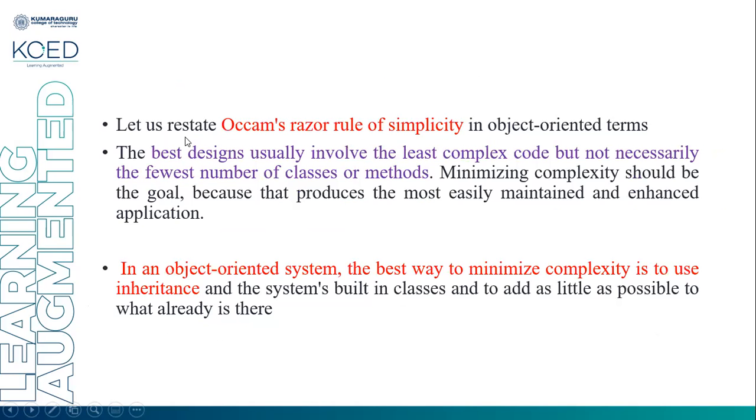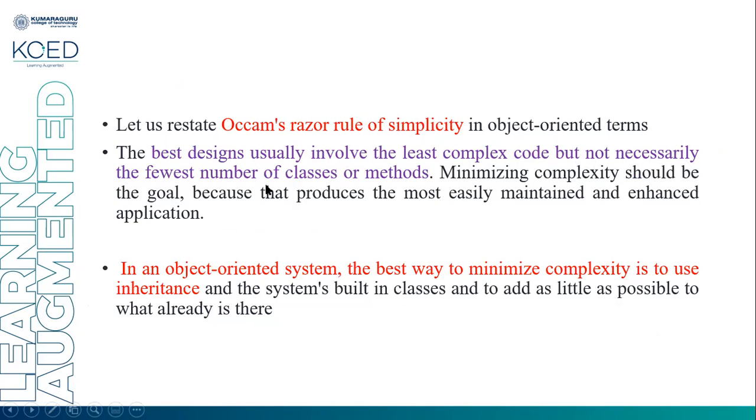There is a principle known as the axioms' role of simplicity in object-oriented design. That means the best design usually involves the least complex code, but not necessarily fewer classes or methods. Code complexity should be minimized, and there is no need to create fewer classes or methods.